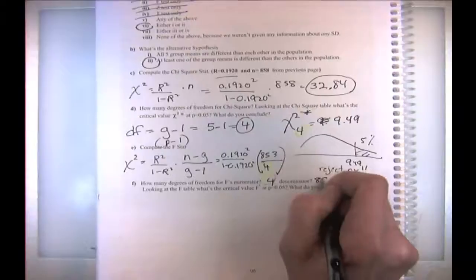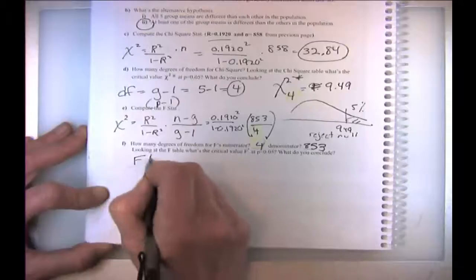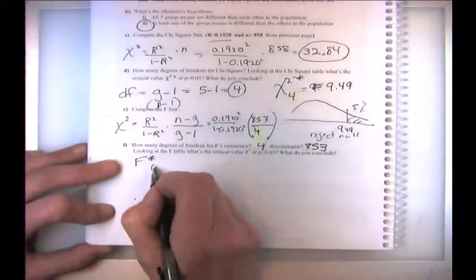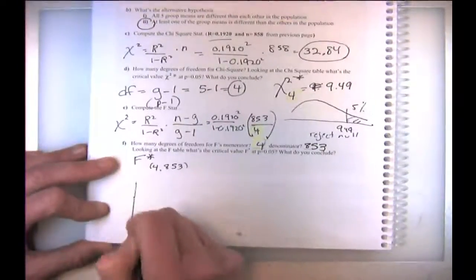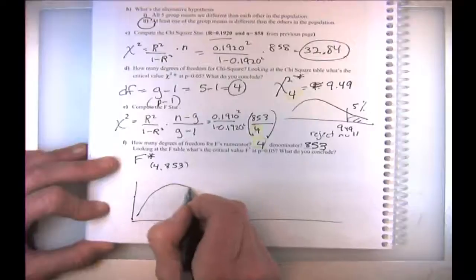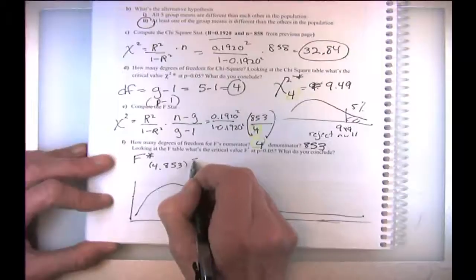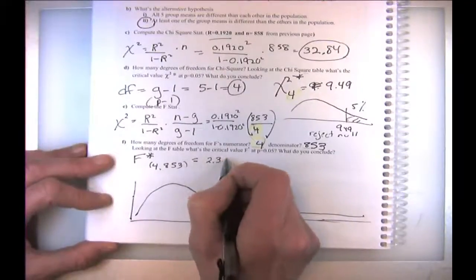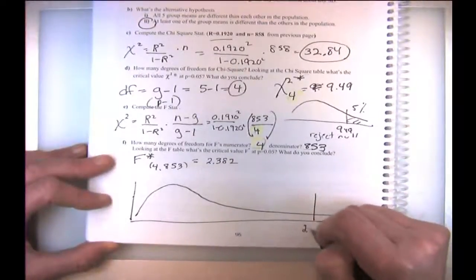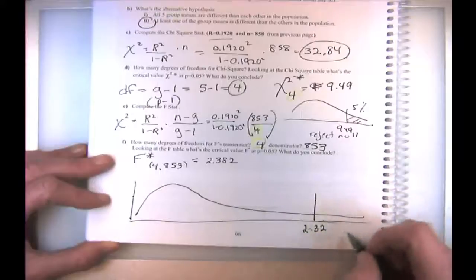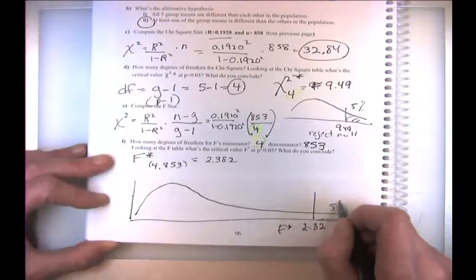And you can do the same. The critical value we have to look at for F is on this particular curve with these degrees of freedom. I'll draw a rough sketch of it, and it's going to look like this. The critical value that I got was 2.382, so that's way out on the tail. That's our 5%, and our F is way out here.